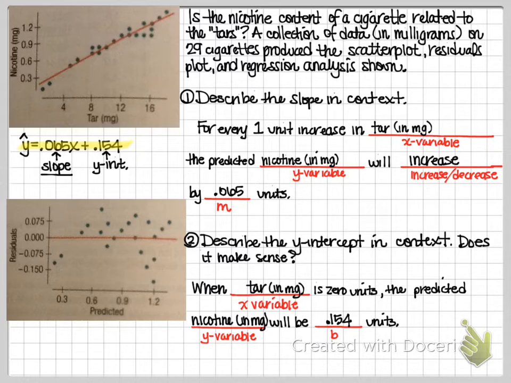If there is no tar in the cigarette, which actually is a common component of cigarettes, then I don't expect there to be any nicotine either, since they do kind of go hand in hand with each other. So I really don't think so. No. If there is no tar, then I would expect there to be no nicotine.